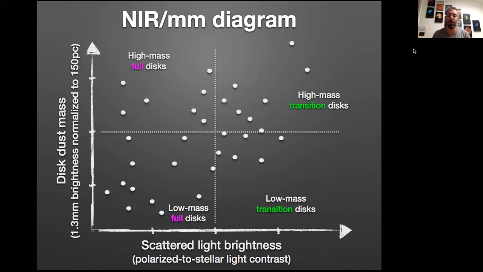It's intuitive to understand the low mass and the high mass disks. It's less immediate to understand that the transition disks are those that are very bright in scattered light because they're directly illuminated. There's no inner disk that prevents the outer disk from being illuminated. While we have the full disk, where the inner disk is casting a shadow, a partial shadow, a penumbra on the outer disk, and therefore the disk in scattered light looks relatively faint.